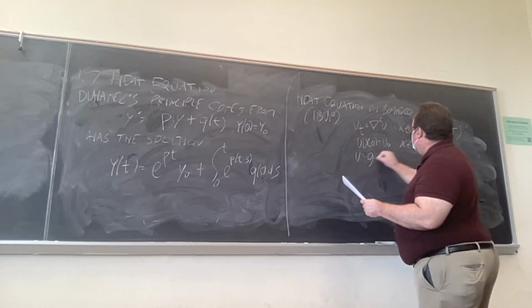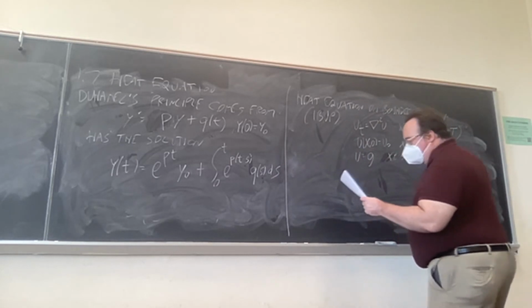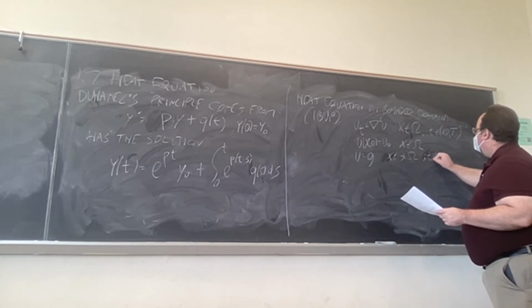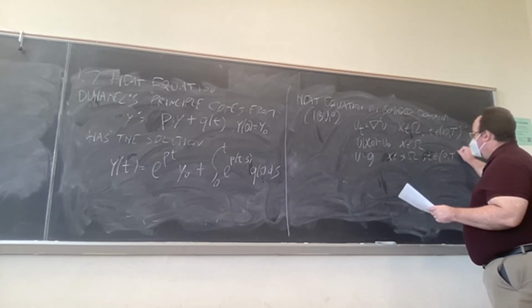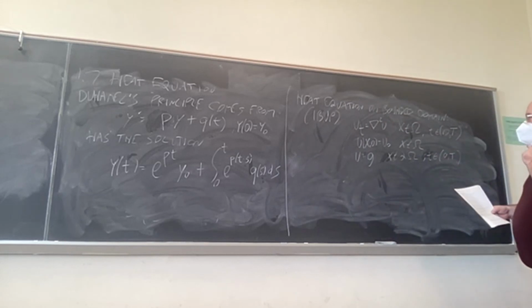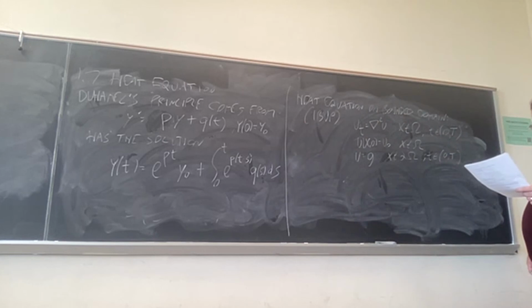So u is equal to g on the boundary of omega, and still the same interval in t. All right, so we have an initial condition at time 0. We do not have an end condition at time capital T. It's not necessary for well-posedness.